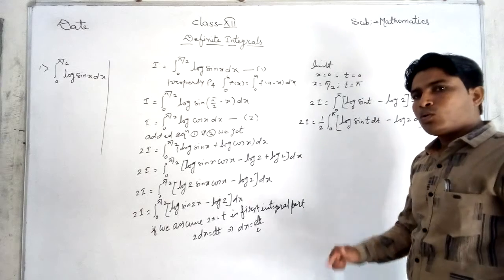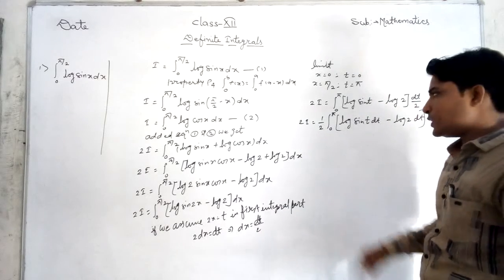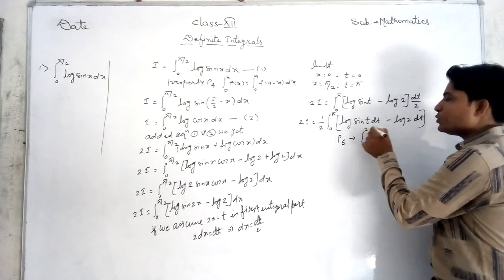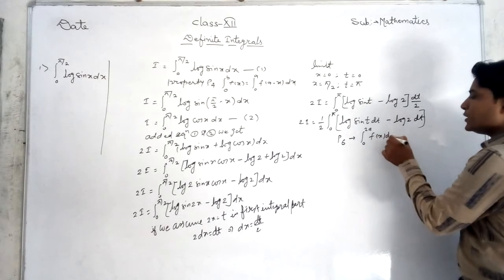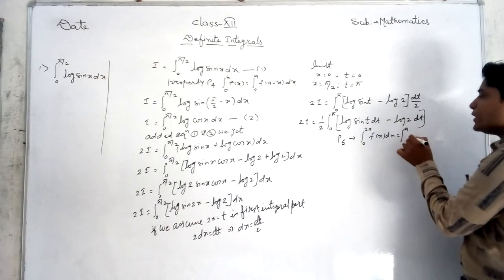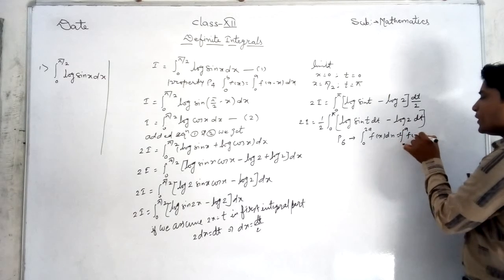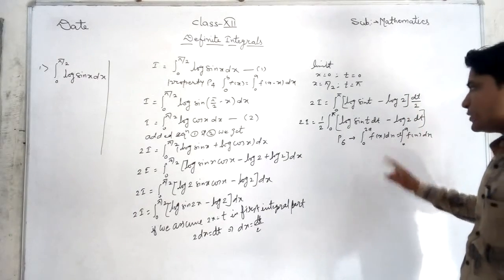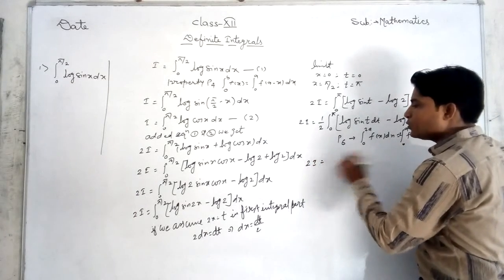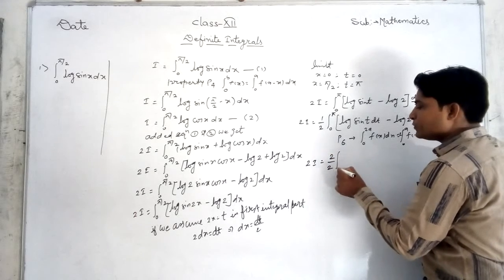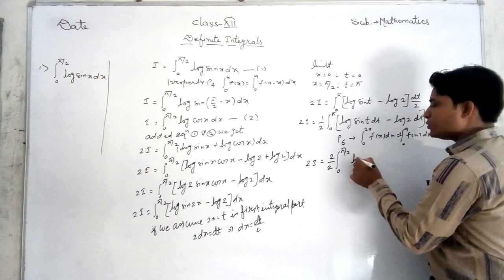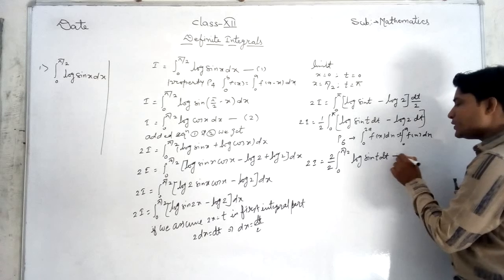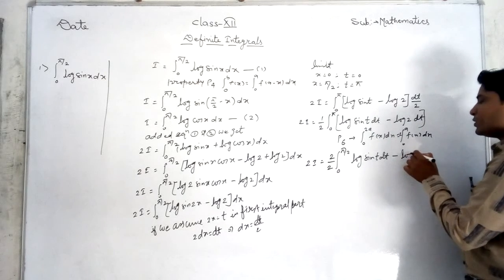So it is converted: 2I equals 2 by 2 times the integral from 0 to pi by 2 of log sin t dt, minus log 2. Now 2 and 2 cancel out.